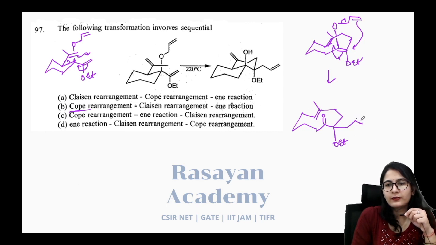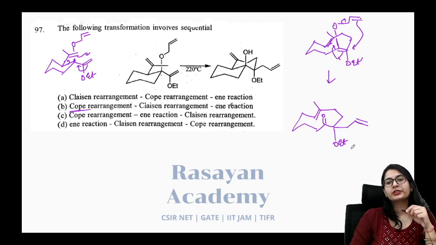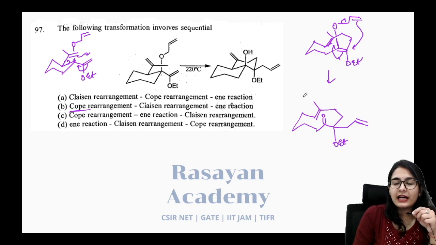right? So okay, now the last step that we want to do is the ene reaction, because first we have got the Cope. Claisen is also possible after the Cope, and last thing that we can try out is the ene reaction right over here.